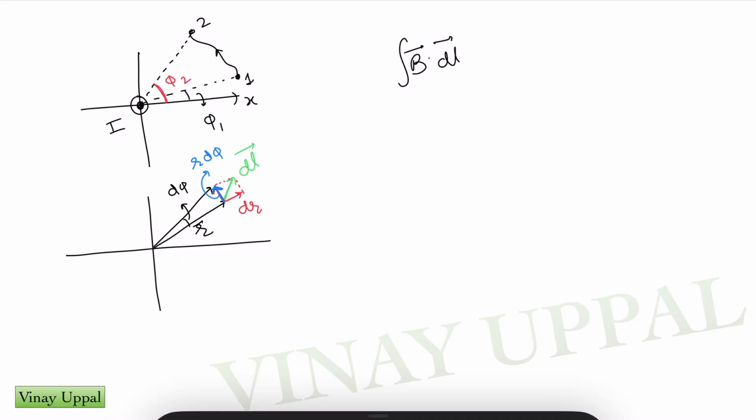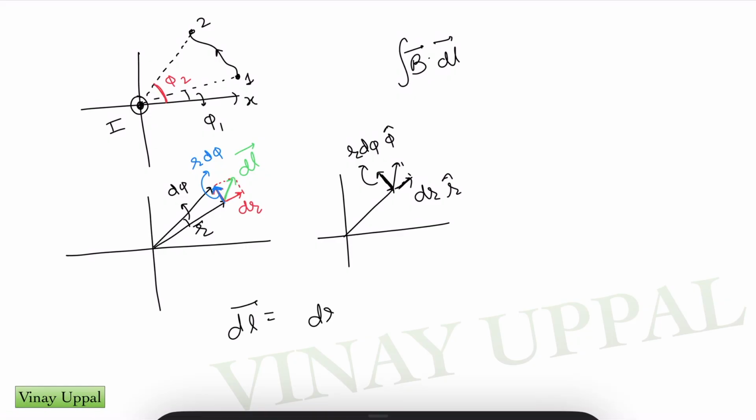So in general my dl vector can be broken down into two components, one dr r cap and the other r d phi in the direction of phi cap. So I can write my dl vector as dr r cap plus r d phi phi cap.